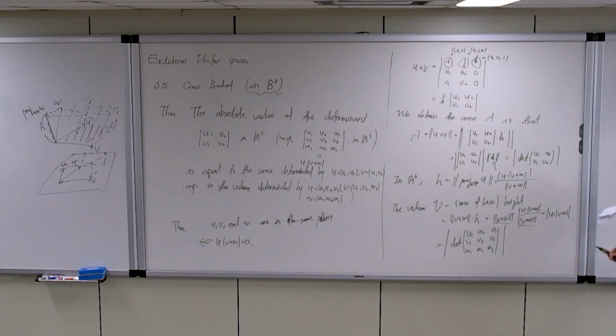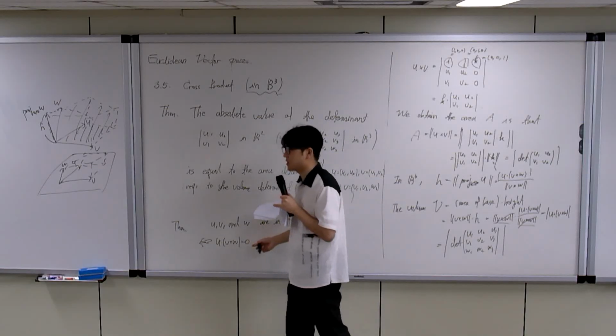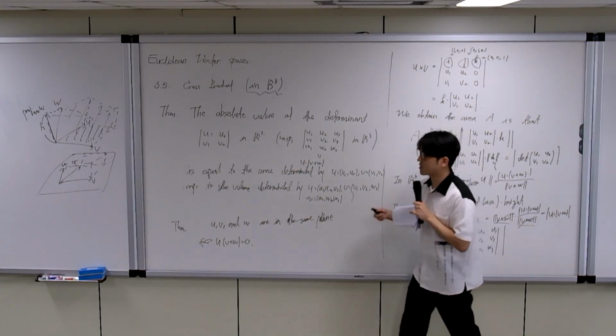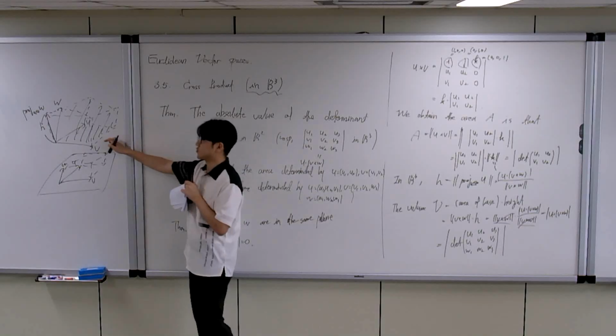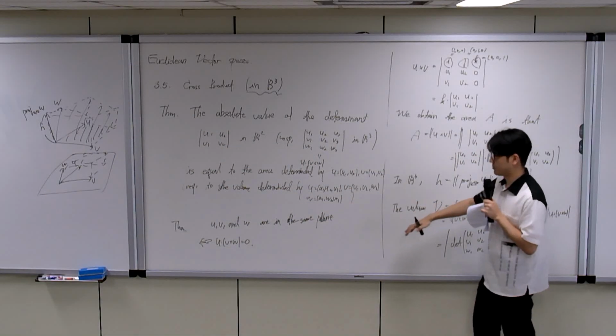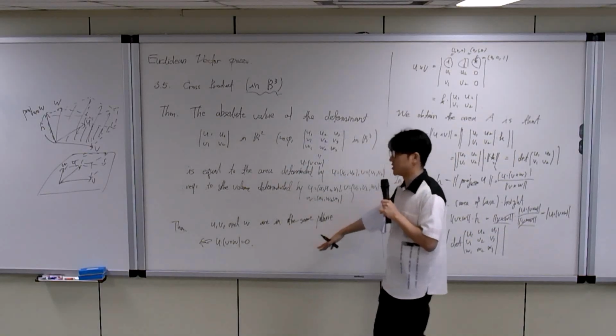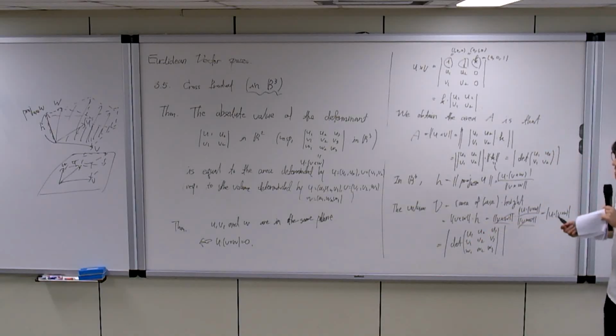It is an if and only if, because if they are in the same plane, then they do not construct a three-dimensional object. Its value being 0 means it has no volume, and that means the vectors are in one plane.